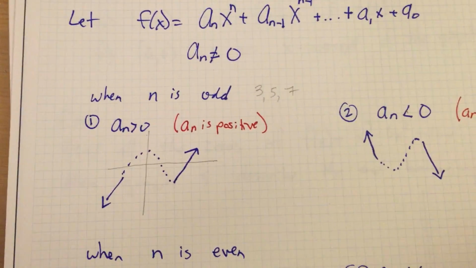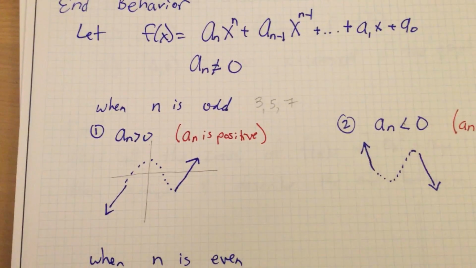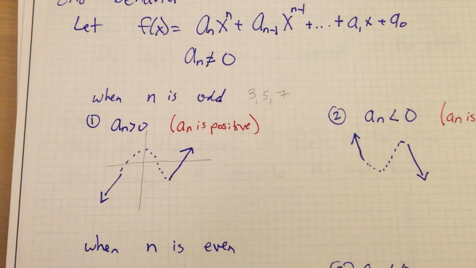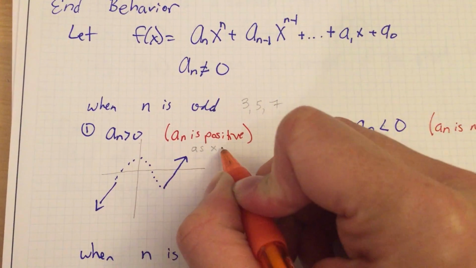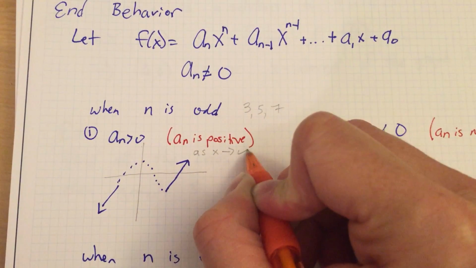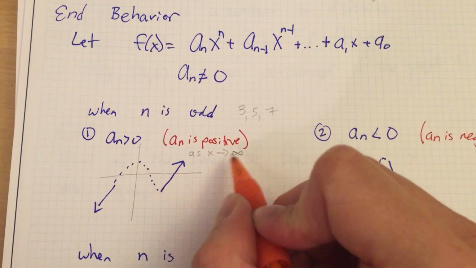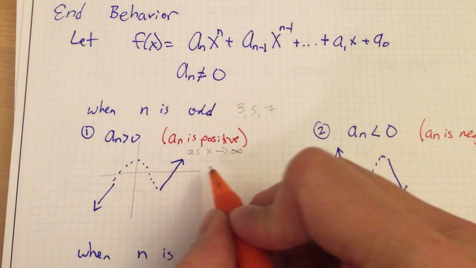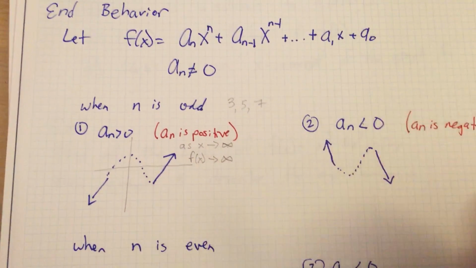It's going up, right? So instead of saying it's going up or it goes to the right, we want to use this notation. It says as x, and I draw an arrow, goes to infinity. So as x is approaching infinity, what's happening to my output? What's happening to my y? Well, my f of x is also going to infinity.